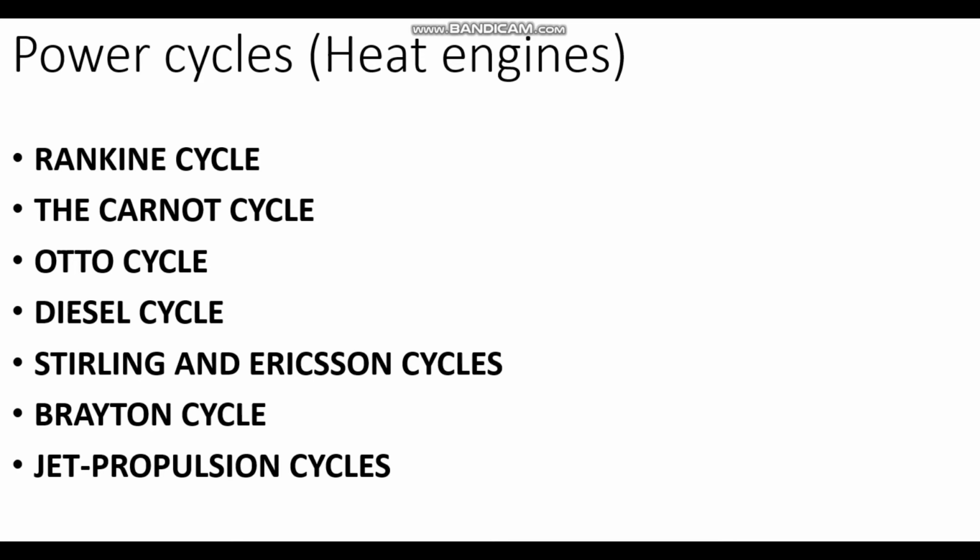Stirling and Ericsson cycles. Well, generally, Stirling and Ericsson cycles are considered as the external combustion engines. So they work as the internal combustion engines with one big difference. The heat is given to the cycle from the outside. We will consider it very closely in the following lectures.